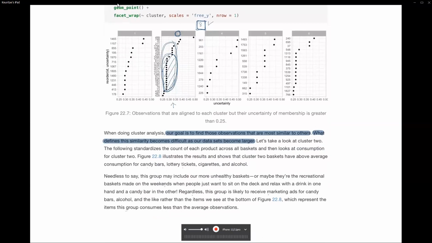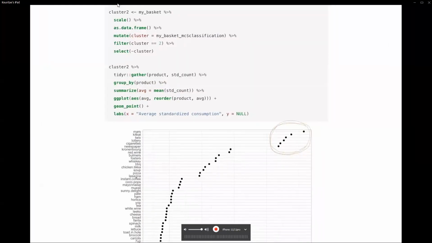Also, maybe cluster 6 or cluster 5 show pretty much the same pattern. So whenever we have a lot of uncertainty within the cluster, the harder it is to understand the characteristics of that cluster.